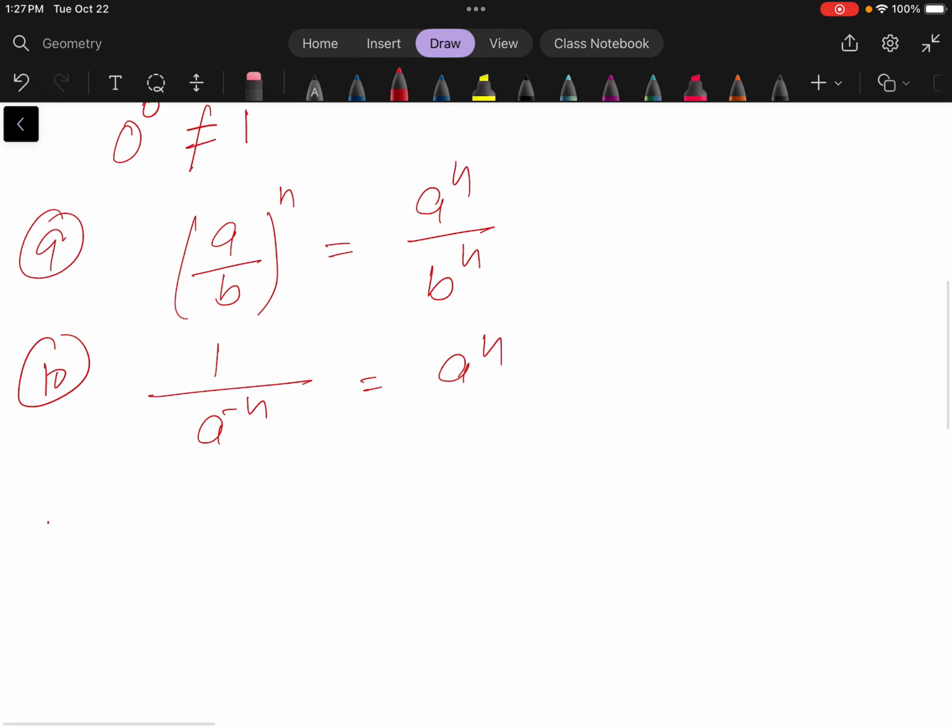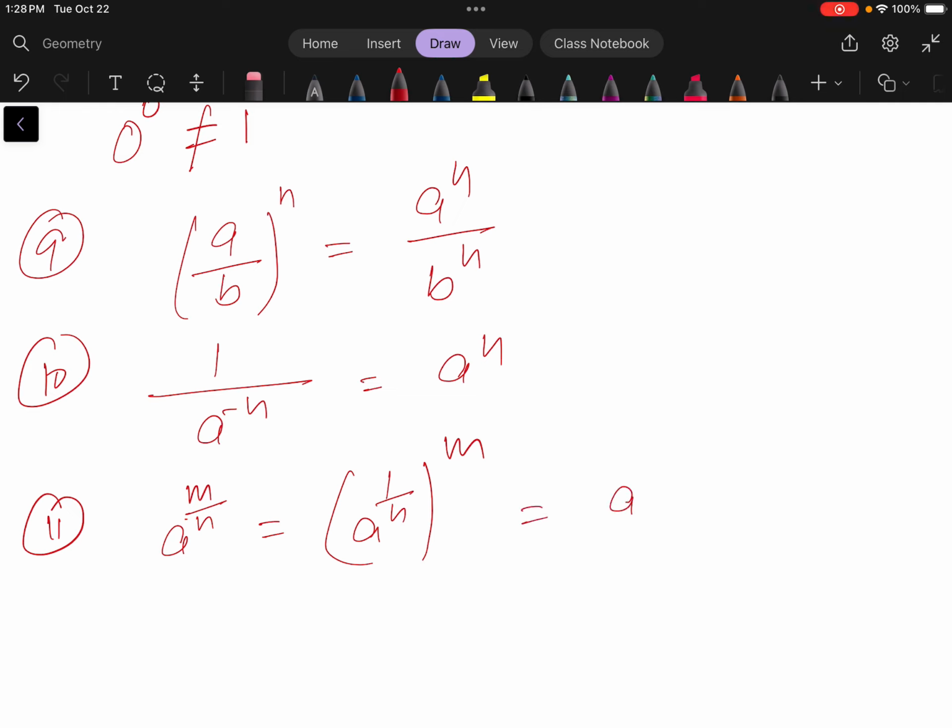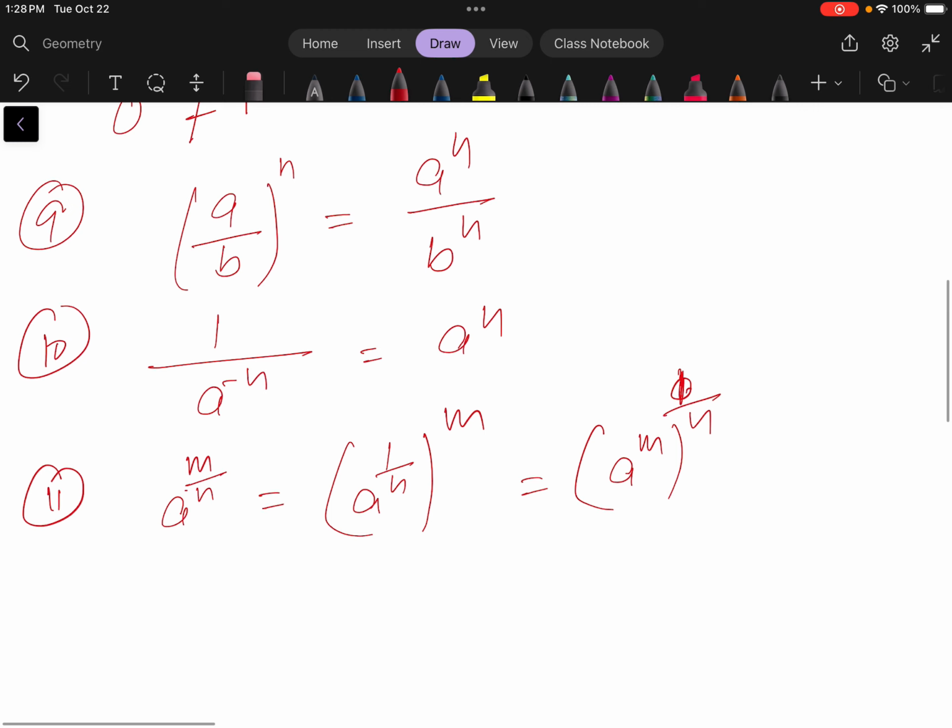One more formula. Till now we have taken a to the power m upon n. Okay, so we can write this as (a to the power 1 upon n) to the power m. We can write like this, and we can also write a to the power m and 1 upon n, like this.